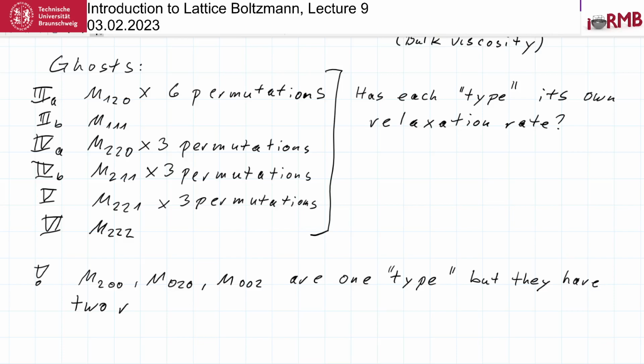Because they can be rearranged, because we have this guy, which basically is the pressure, and this is a so-called isotropic moment.